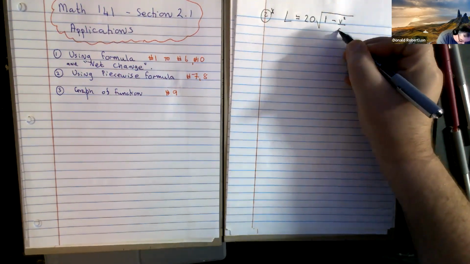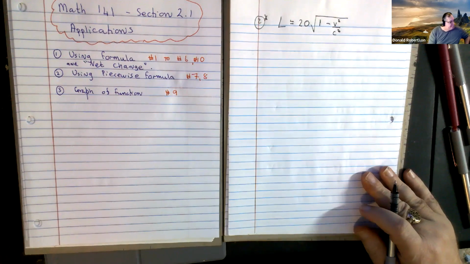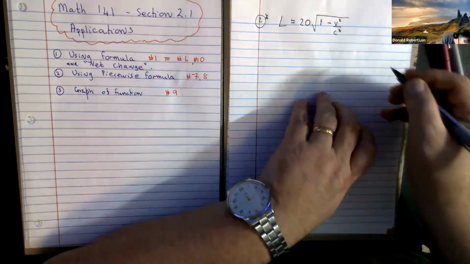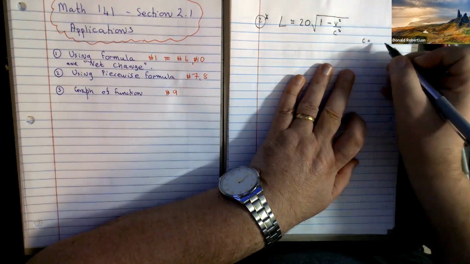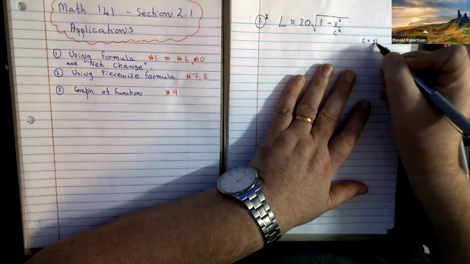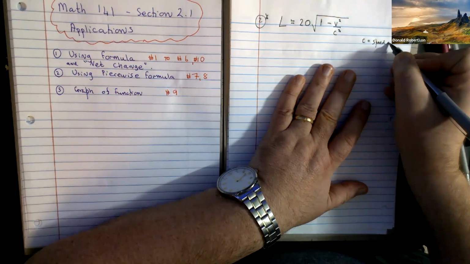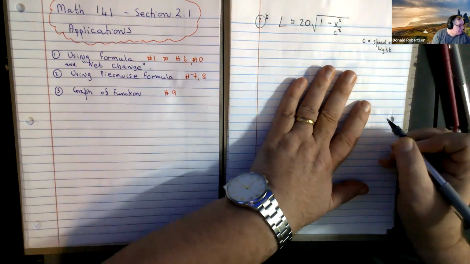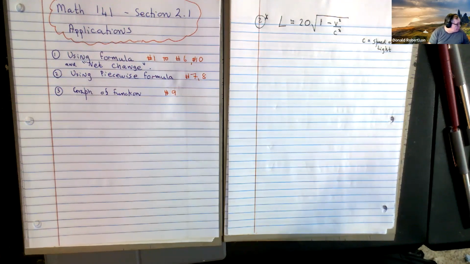divided by c squared. Now, what makes this a little bit different from question 1 is that c is actually a constant and it's the speed of light. And there's some ridiculously big number that we don't need to know, but they tell you it's about 300,000 kilometers a second.